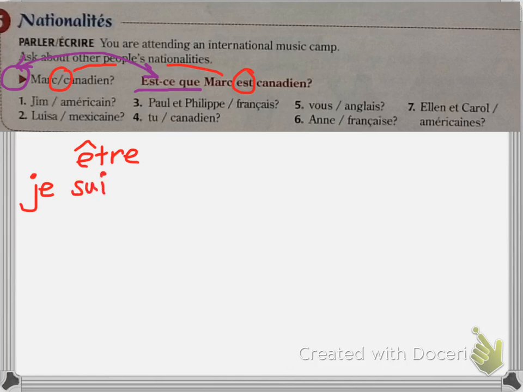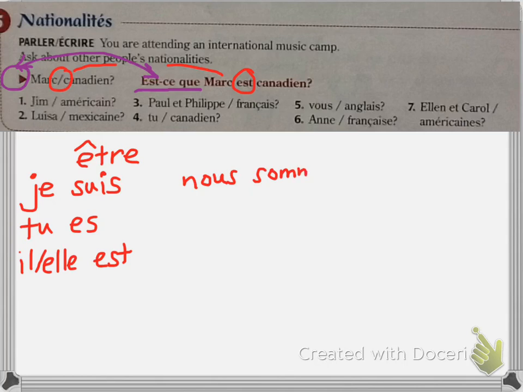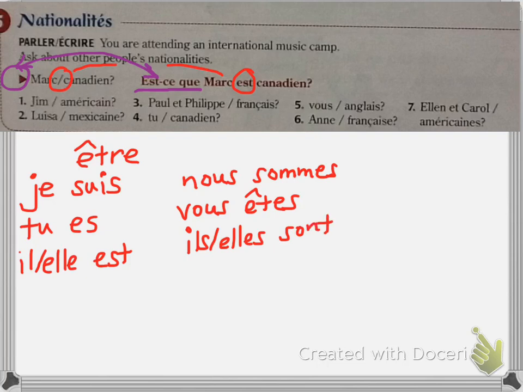So you're going to add your form of être there in the backslash. So again, remember it's, s'il vous plaît, répétez: je suis, tu es, il or elle est, nous sommes, vous êtes, and ils and elles sont. Sorry about that. Remember, it doesn't have to be il or elle.